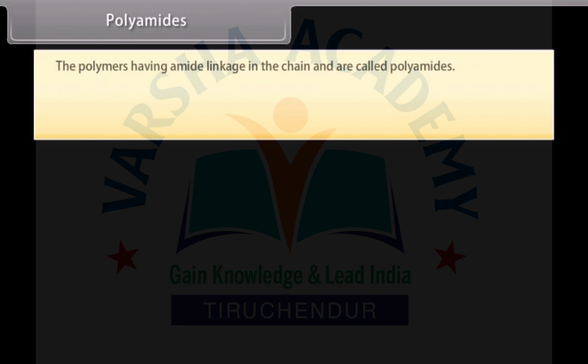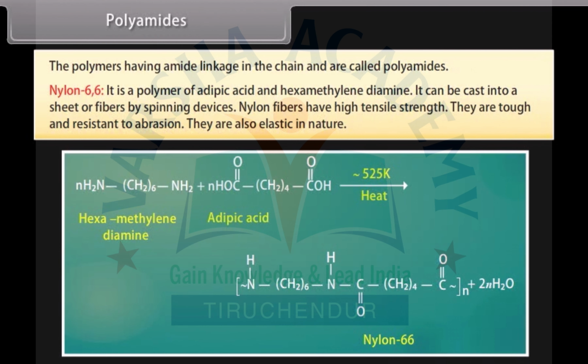Polyamides. Polymers having amide linkage in the chain are called polyamides. Nylon 66. It is a polymer of adipic acid and hexamethylene diamine. It can be cast into a sheet or fibers by spinning devices. Nylon fibers have high tensile strength.